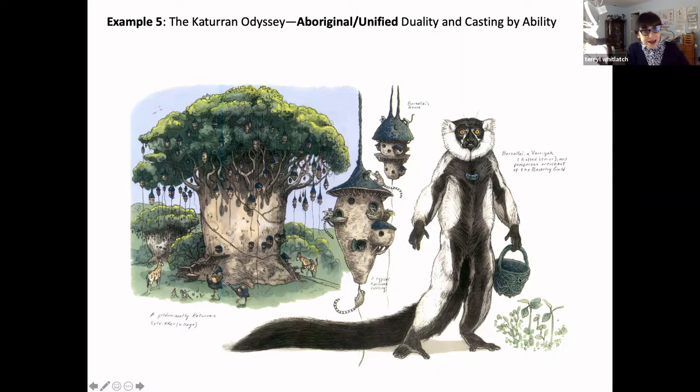So in a science fiction world, it's not a huge jump to imbue these animals with just a little bit more human cognizance so that they could build little houses of their own and create little villages that hang from the branches of gigantic baobab trees in the science fiction world of Keturah.